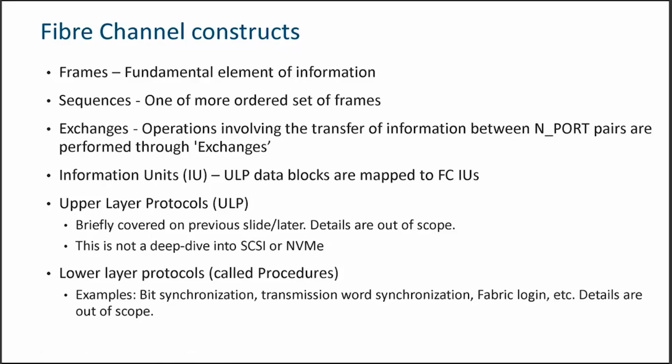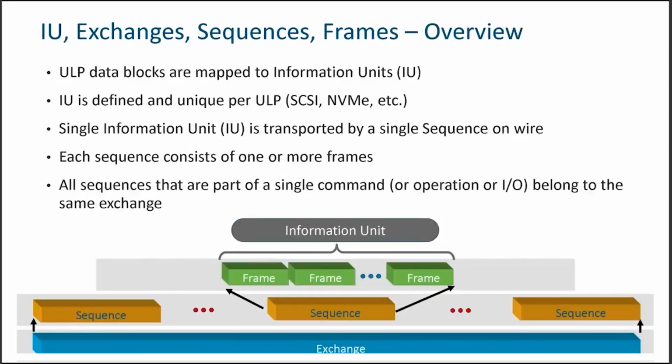We'll keep focusing on the overall traffic and the exchanges. Also, you have probably seen a different version of this particular diagram. It has been around since I've been around, and much longer than that. As I said, there are frames, sequences, and exchanges, and then a group of frames mapped to an information unit.